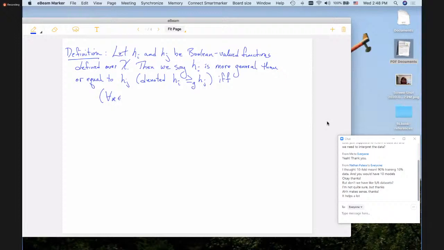I'm going to keep it to e for now. For all examples in that data set e, hj of x equal to 1 implies hi of x is also equal to 1.